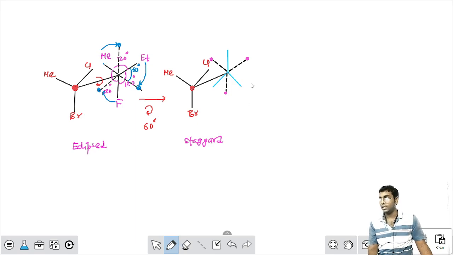The ethyl right now will be situated over here, because this angle is 60 degree, because this whole angle is 120, half of it will be 60. Now we are rotating clockwise, right? The arrow is the clockwise direction. Ethyl will be here and the fluorine will be here, in the same way, and methyl will be here. So we are forming the staggered one, right? We can erase the dotted part because it is no longer there, right? It is no longer there.